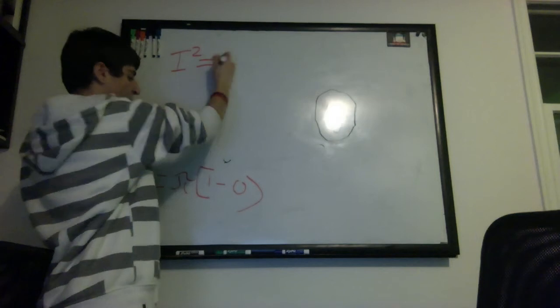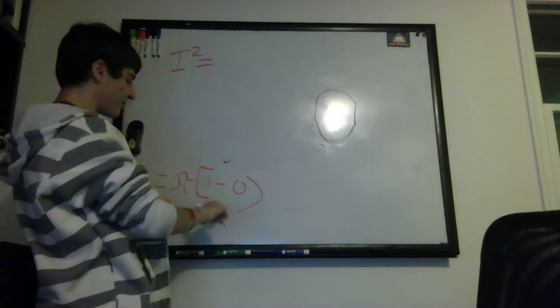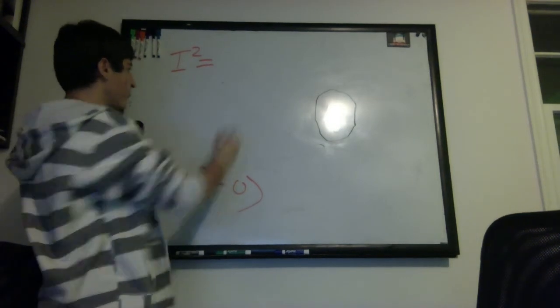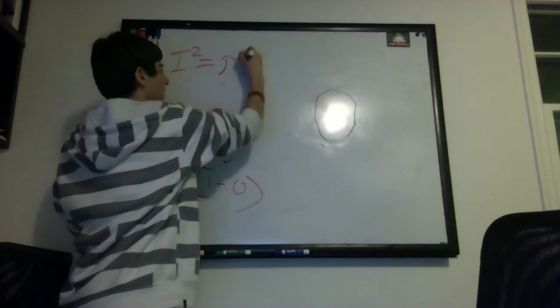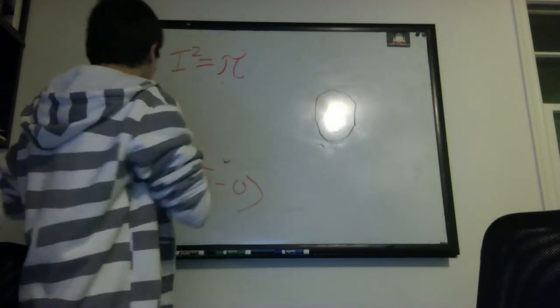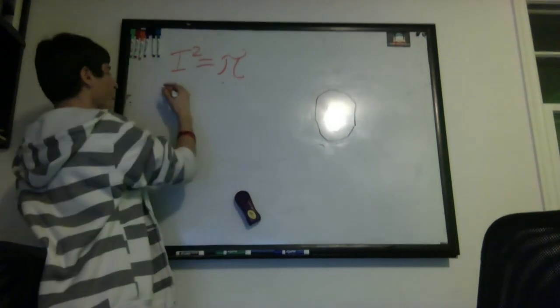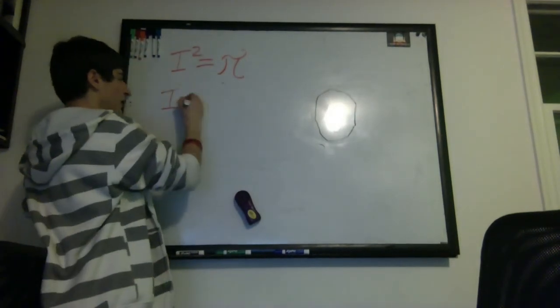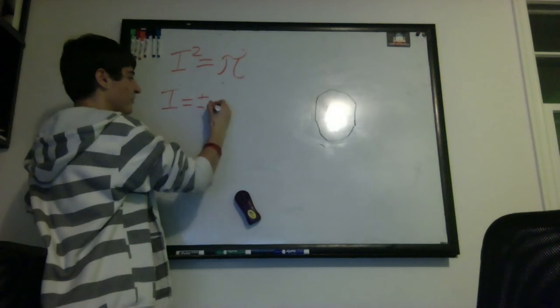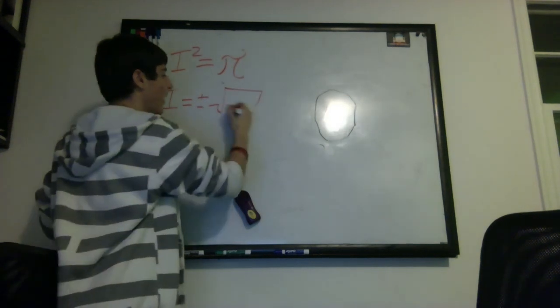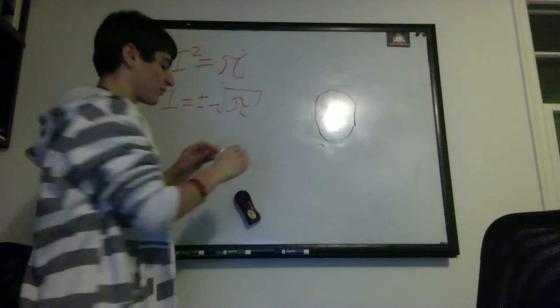I squared is equal to pi times 1 minus 0, which is pi times 1, which is just pi. So I squared is equal to pi. Pretty cool. Which means that I equals plus or minus the square root of pi. But we can't have two answers, we can have one.